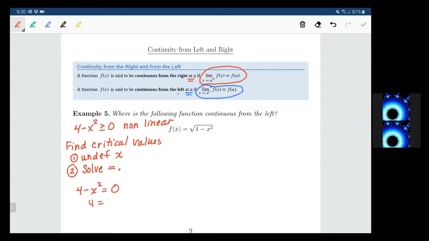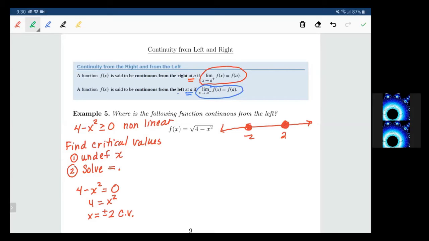So 4 has to be equal to x squared, so x must be equal to plus or minus 2. And these are our critical values. Now we can place those critical numbers on a number line, minus 2, positive 2. We can fill those in because that's where the function's equal to 0.